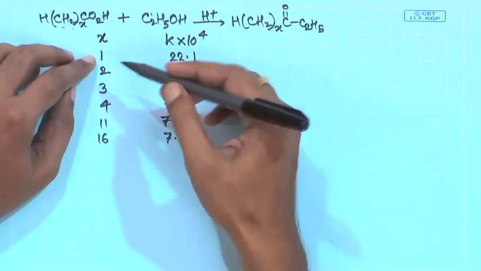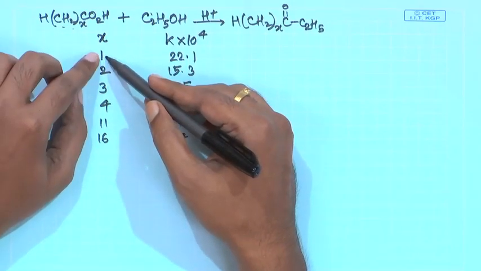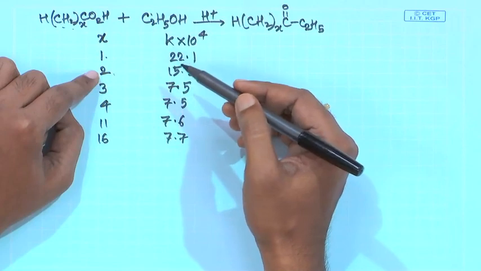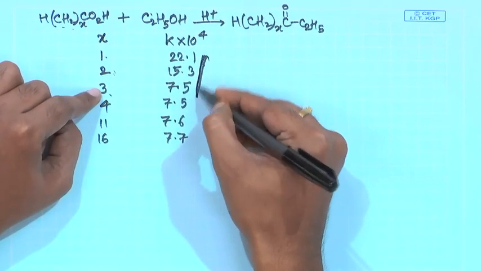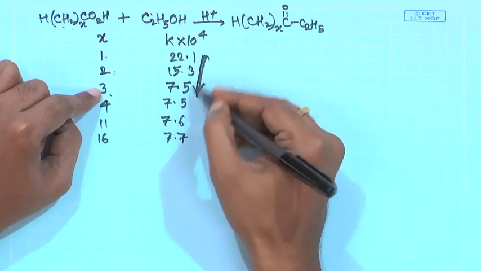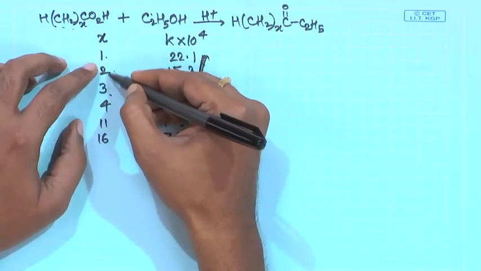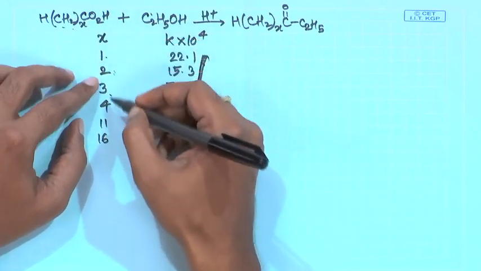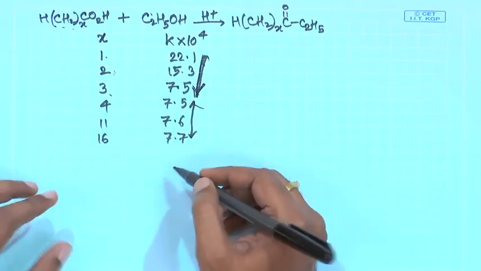So, you will see that initially when you are increasing the size from 1 CH2 to 2 CH2 to 3 CH2, the effect is enormous. The reaction rate is dropping, rate constant is dropping enormously. But just after the first few units, this situation is stabilized.